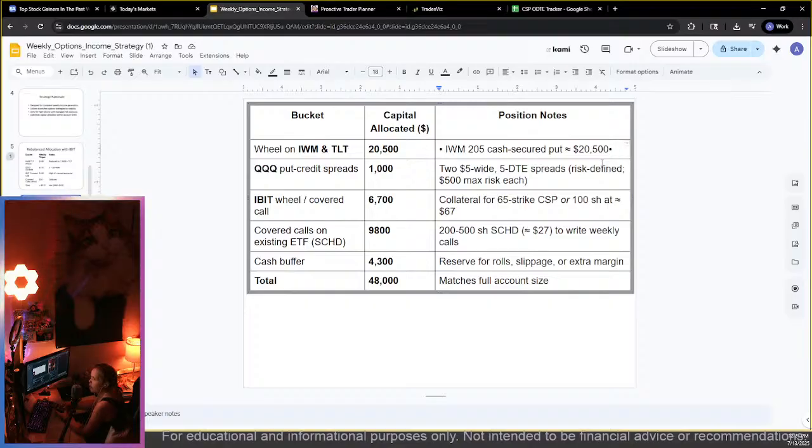Plus 800. Okay. That gives us a little more leeway too. I could sell more QQQ. I have room to even maybe sell 2 wheels on, do the wheel for 200 shares on IBIT.